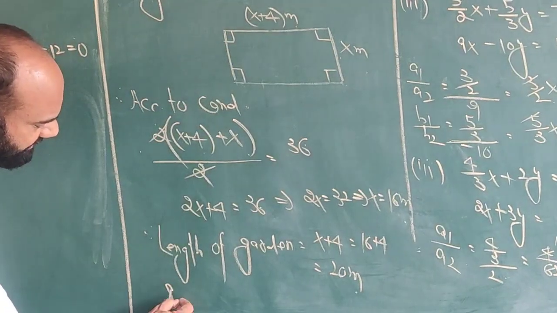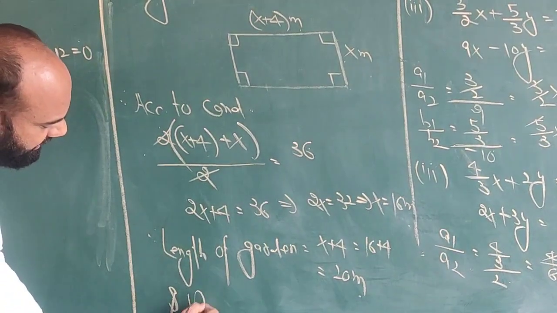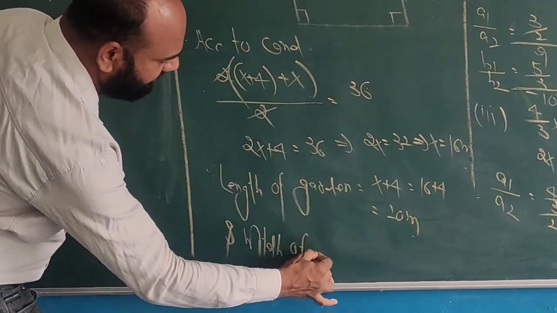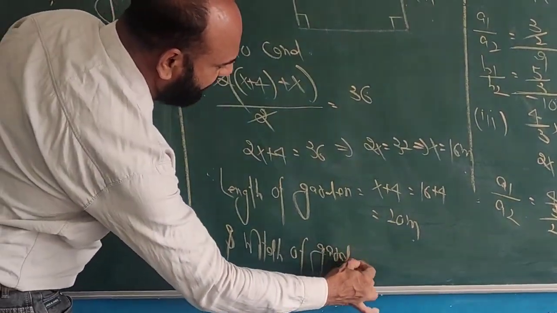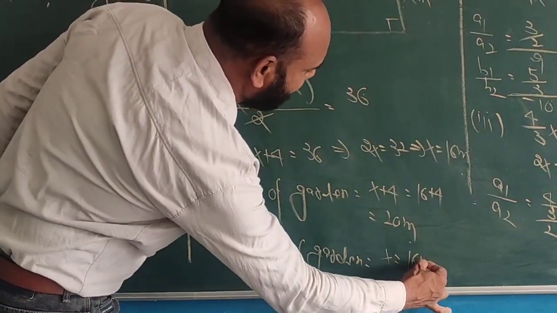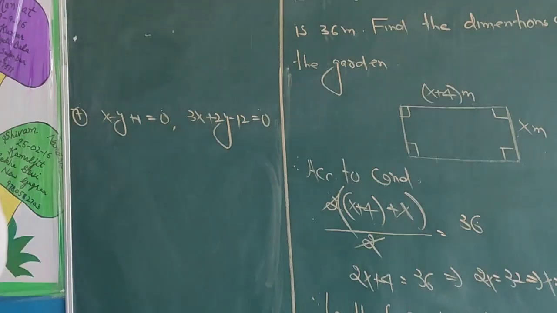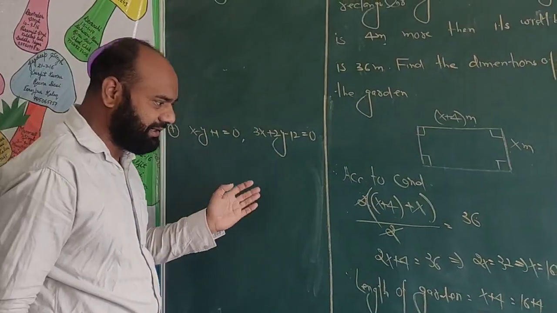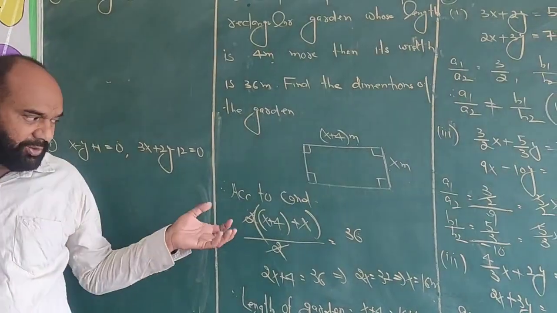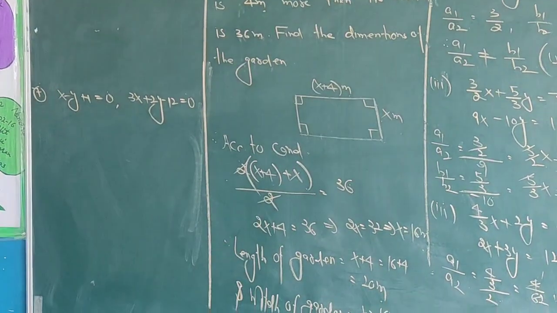And the width of the garden is equal to x, and x is 16 meters. So we can say that the length of the garden is 20 meter and the width of the garden is 16 meter. These are the required dimensions of the rectangular garden.